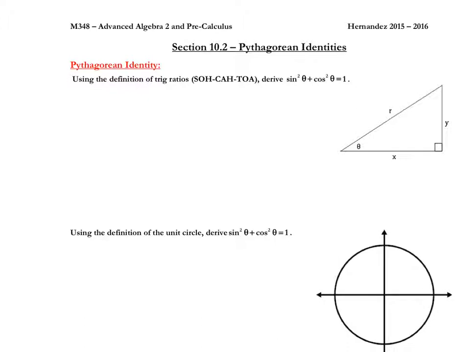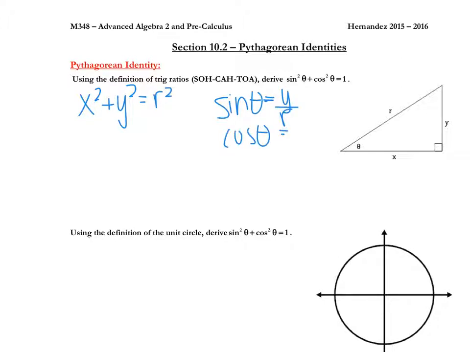So remember that we can say x squared plus y squared equals r squared. And then remember that sine is the ratio of y over r, and then cosine is the ratio of x over r.